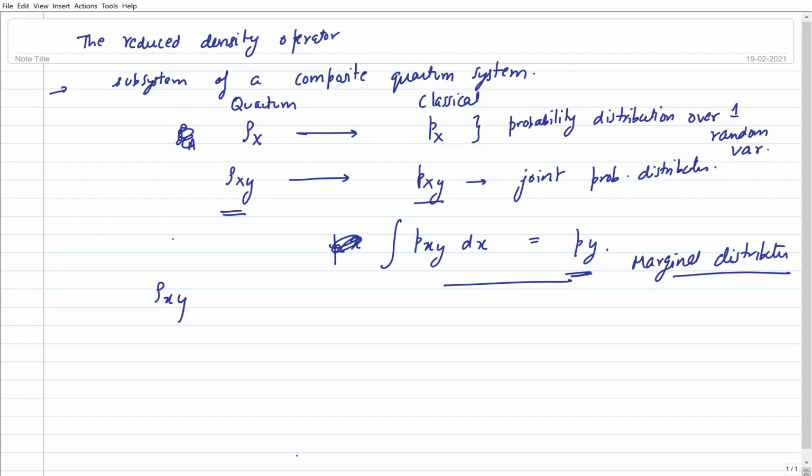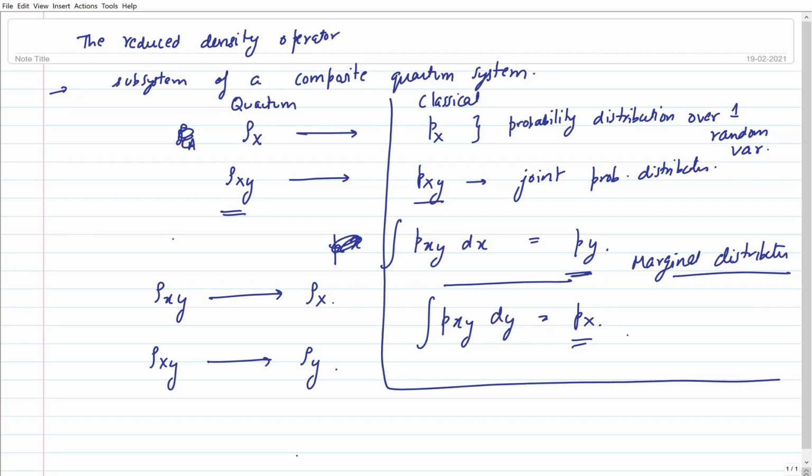I have rho xy and I need a density operator that describes the statistics of all the measurements on one of the subsystems. I can analogously integrate out the y variable and get p x marginal on another component. So this is all classical.